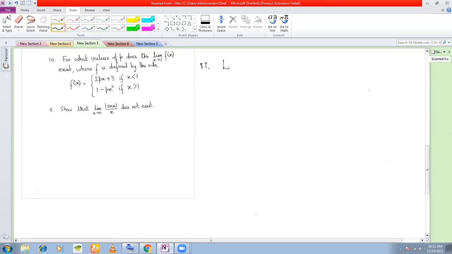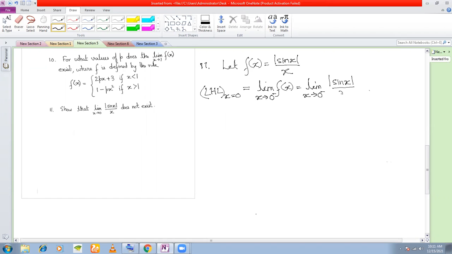So we start by saying that f(x) is equal to mod sin x by x. First of all, we calculate the left hand limit at x is equal to 0. So we have the limit as x tends to 0 minus of f(x) is equal to the limit as x tends to 0 minus of mod sin x by x.